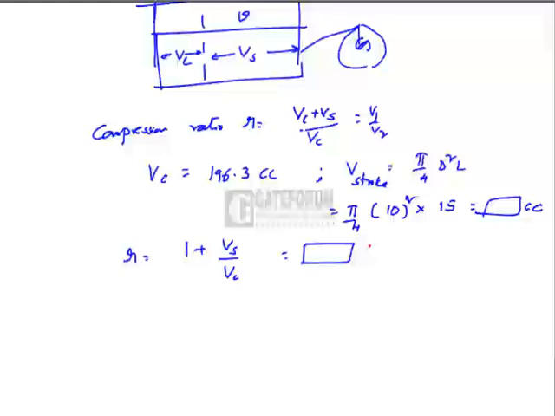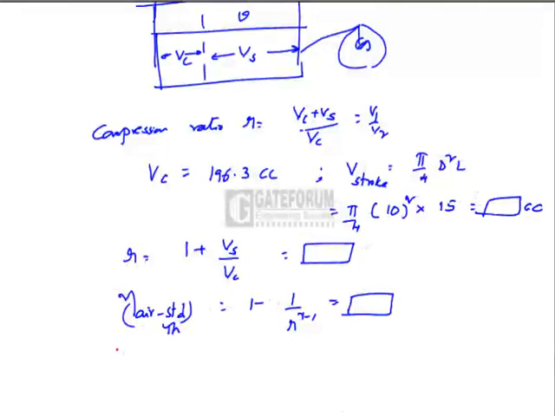Once R is obtained, which usually falls in the range of 7 or 8, the air standard thermal efficiency of the Otto cycle is 1 minus 1 by R to the power of gamma minus 1.